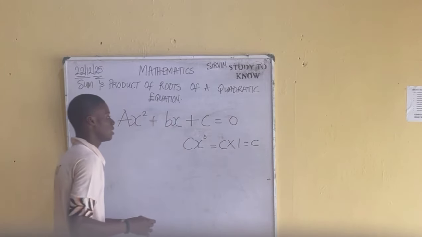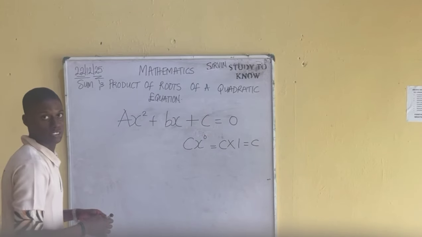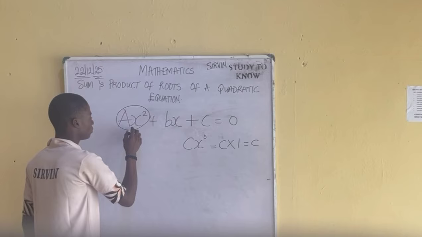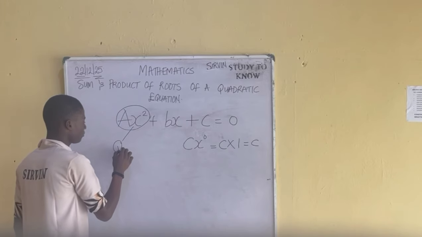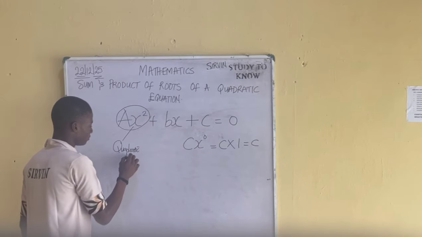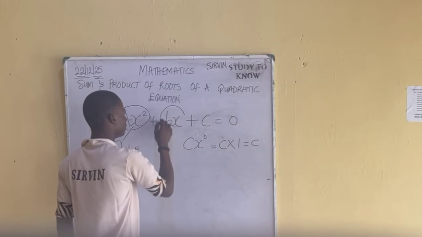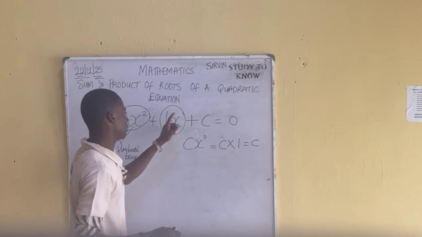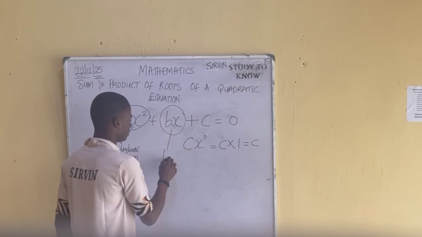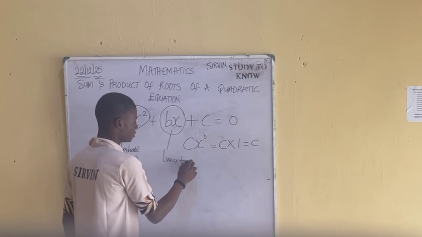So this is like saying c times 1, which will give you what? C. Now, the term that has x squared is called the quadratic term. The term where x has the power of 1 is called the linear term.